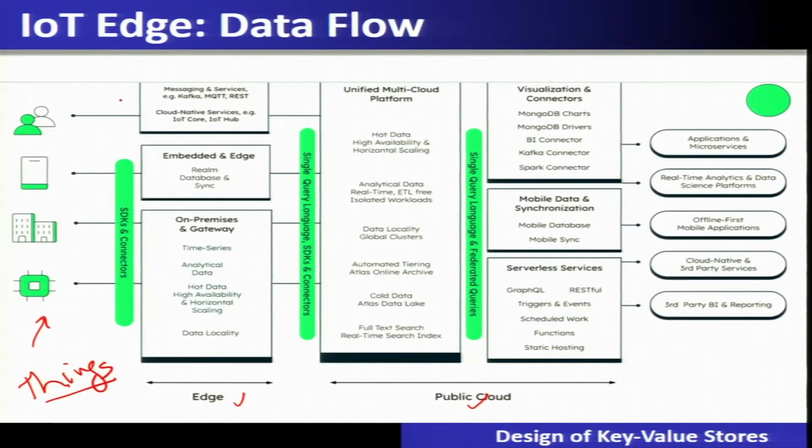The data will be pulled out from the sensor source either using data ingestion technologies like Kafka, or using telemetry, that is the MQTT protocol, and REST APIs, and then it will be taken into an edge or public cloud system.